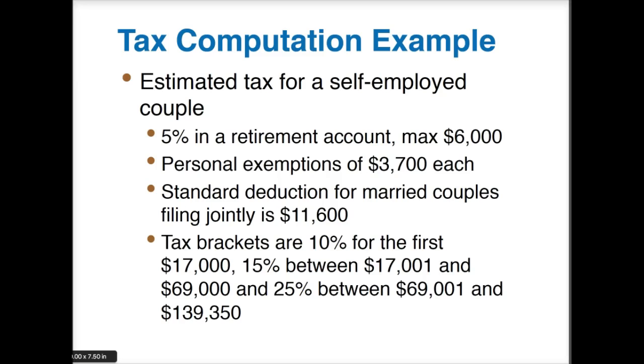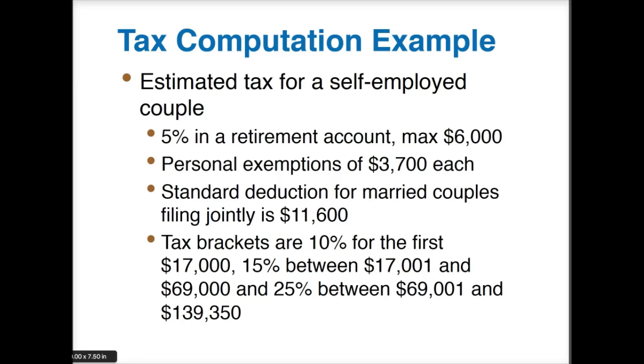And depending upon how much money they make, they may be in a certain tax bracket. Here in America, we have a graduated tax rate. So the higher you go, you pay a minimum amount plus a certain percentage of whatever tax bracket you're in.